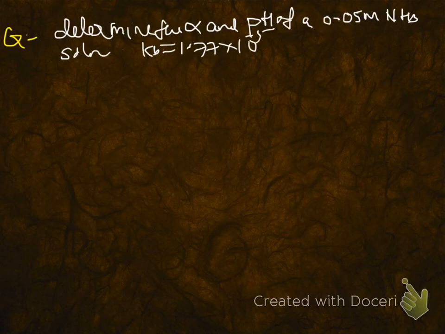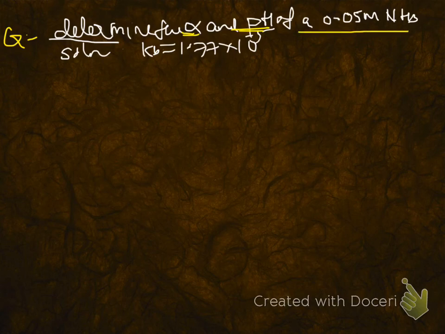Now we can see one problem from this section of Ostwald dilution law. So far we have obtained around 6 equations for calculating Ka, Kb, concentration, alpha, pH, pOH, etc. Now the question is, determine the alpha and pH of 0.05 molar NH3 solution.